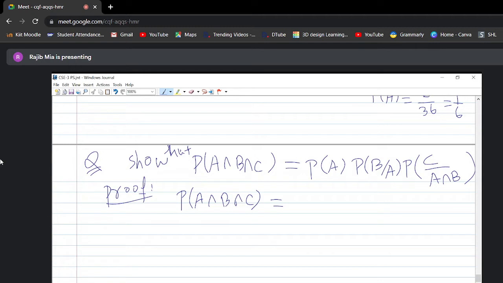But if you start from the left-hand side, the probability of A intersection B intersection C, see here in the last factor, C by A intersection B. So we consider A intersection B as one event.